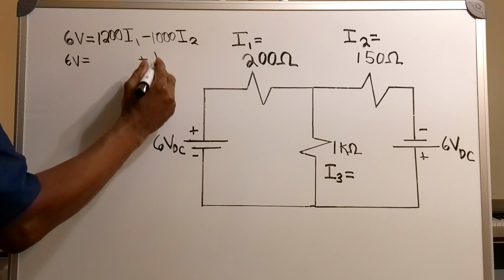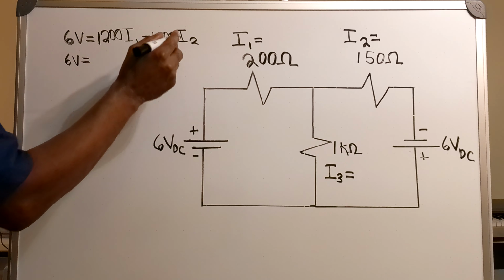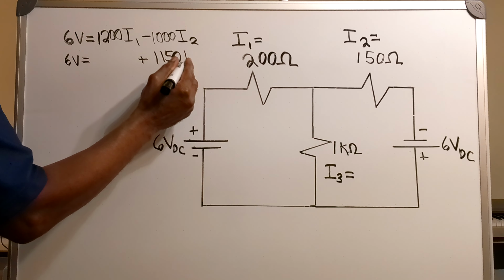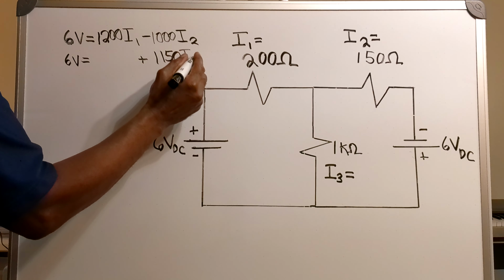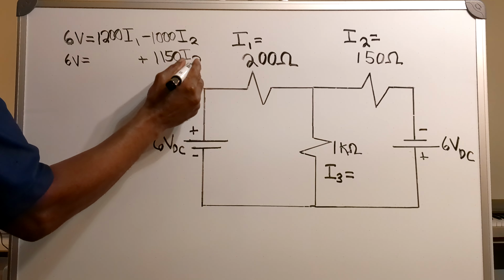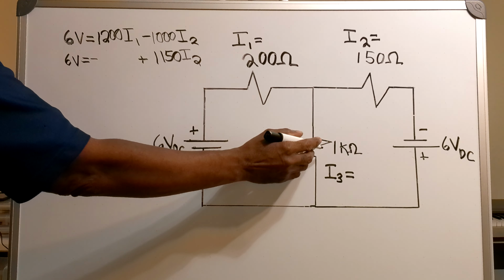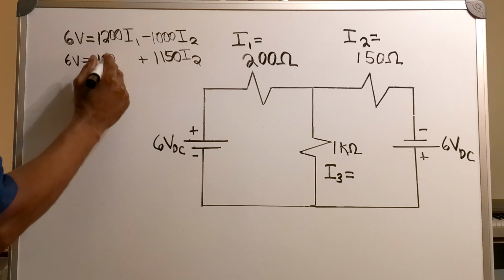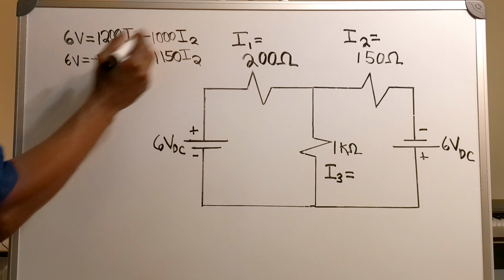Plus 1,150 ohms multiplied by current I2 minus 1 k ohm multiplied by current I1.